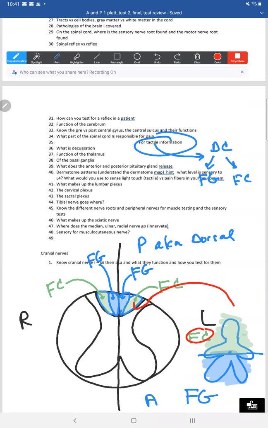And it goes up ipsilateral because it's tactile. Tactile decussates in the brainstem, the pyramids in the brainstem, then goes to the thalamus, then goes to the cortex. Pain and temperature decussates at the level of the cord, tactile decussates in the brainstem.